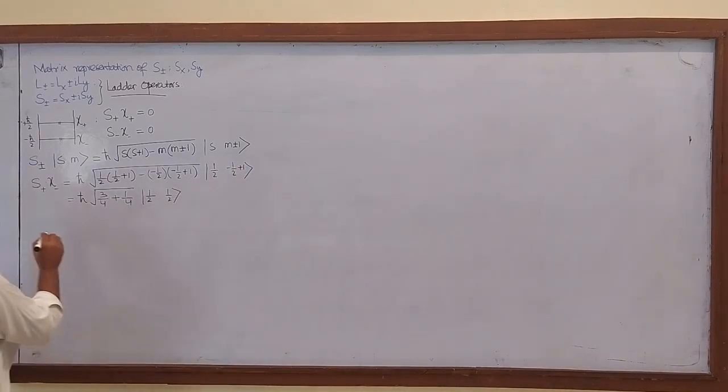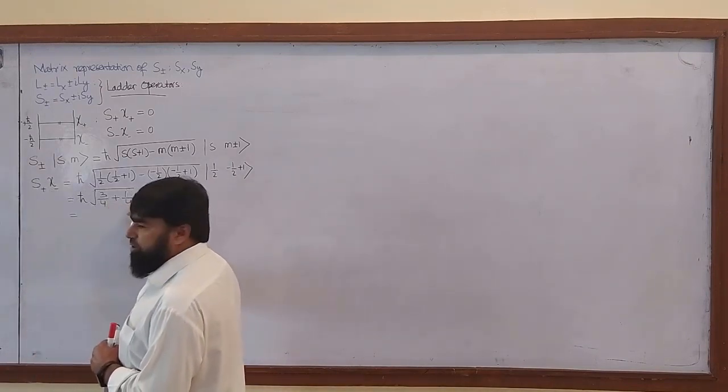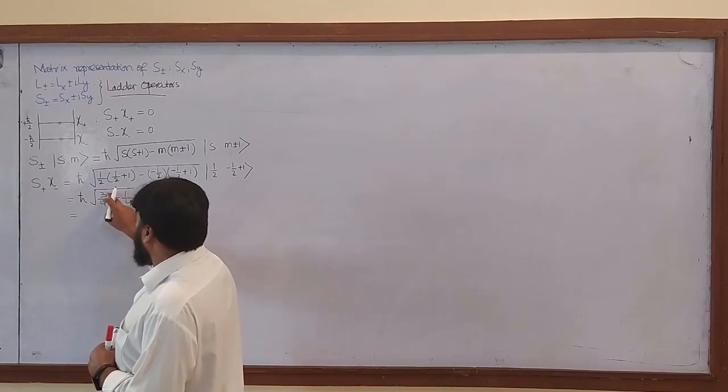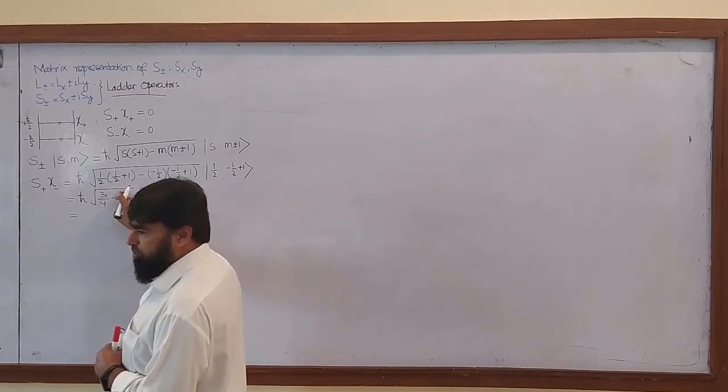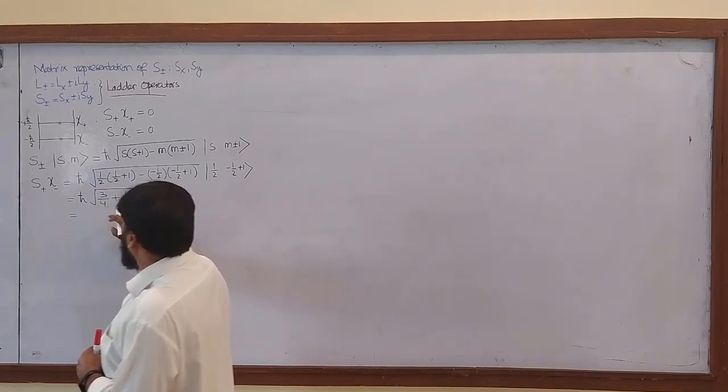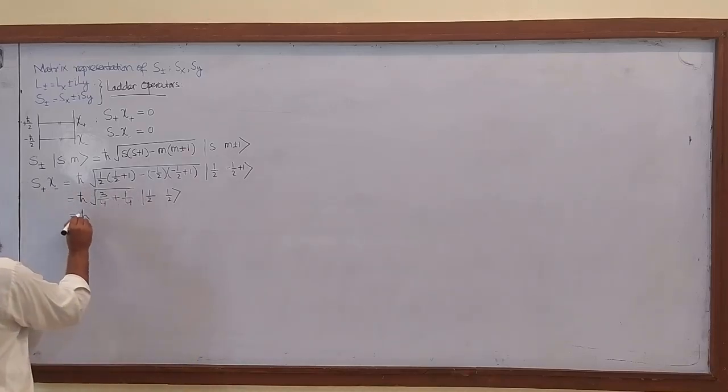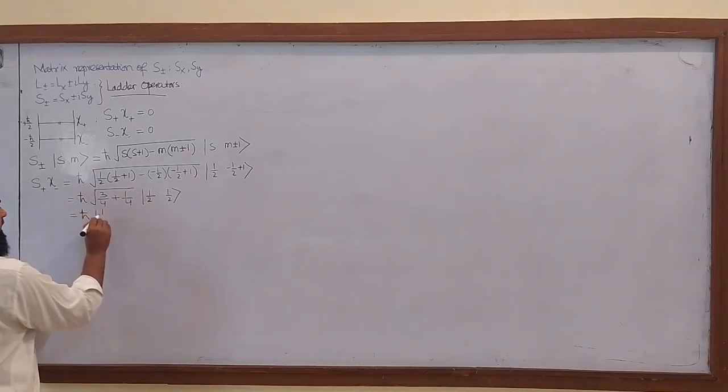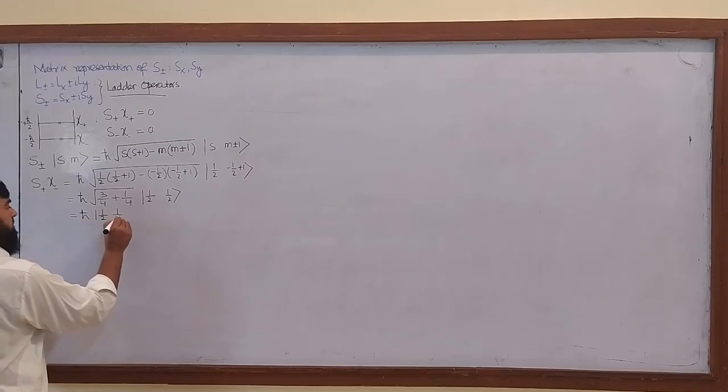And this gives us 4, the LCM, 3 plus 1 is 4, 4 by 4 is 1. So we got h bar into half into half.